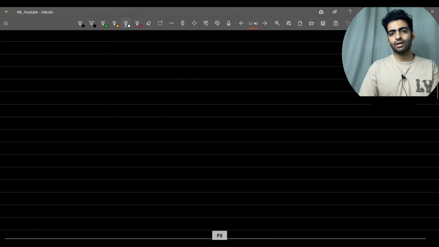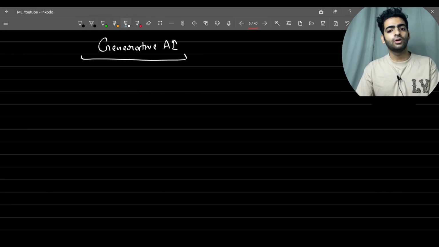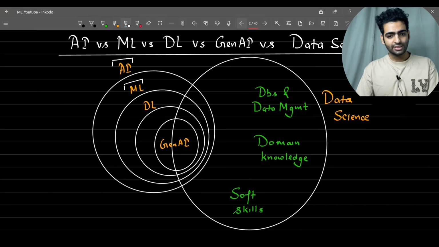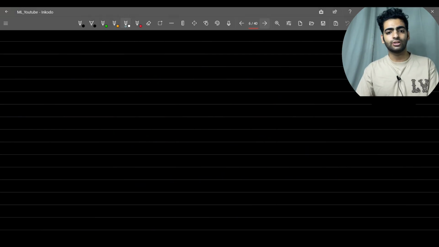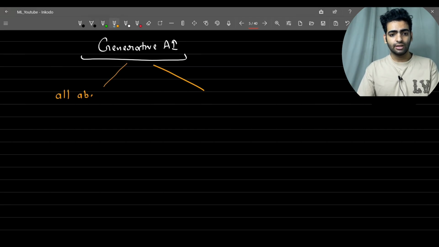So let's have a quick understanding of what generative AI actually is. Coming to the Venn diagram, you will notice that it is a specialization of deep learning. If I split the word itself, generative basically means that it's all about when you have to generate some new content.